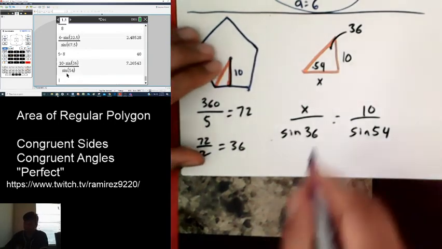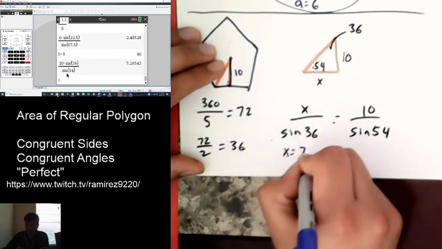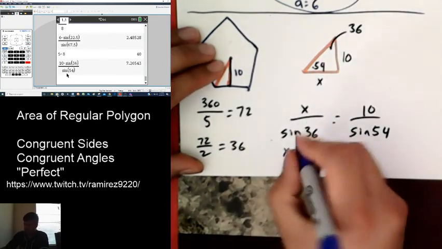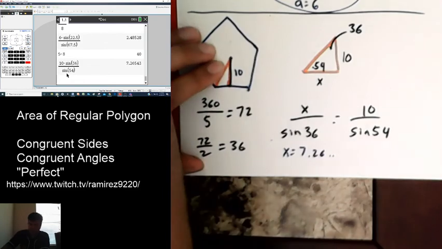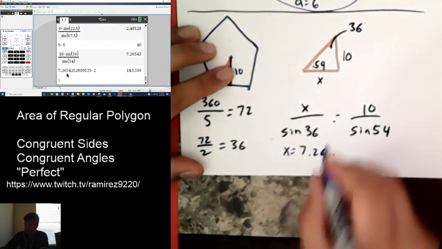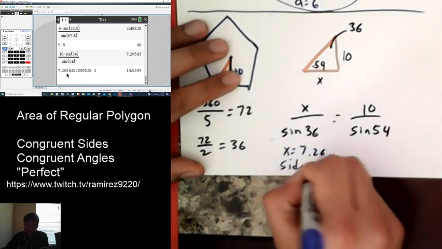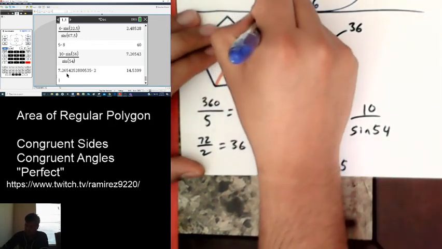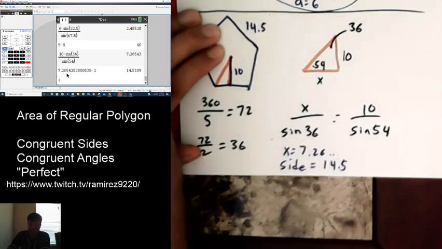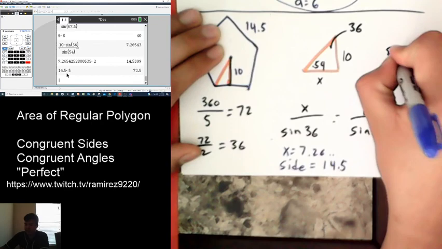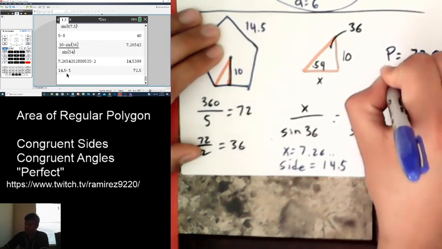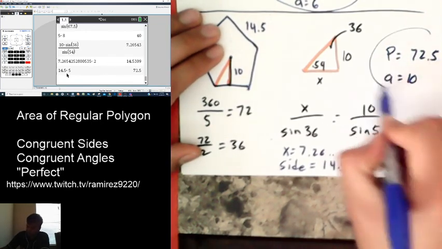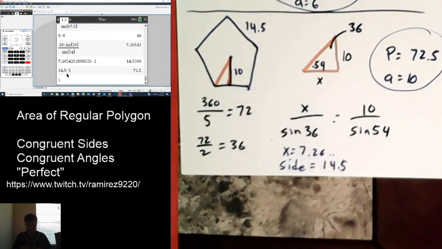So each half length is 7.265 and so forth, right? So I have to multiply that by 2, and so every single side is actually about 14.5. And so I want to find my perimeter. I'm just going to multiply that by 5 because there's 5 sides. So my perimeter is 72.5. My apothem was 10. Once I know those two things, I could easily find the area.